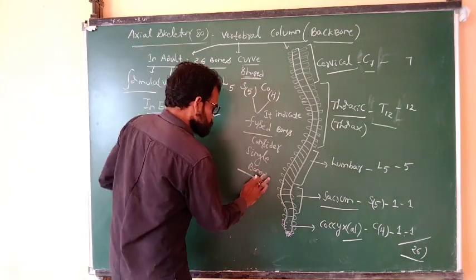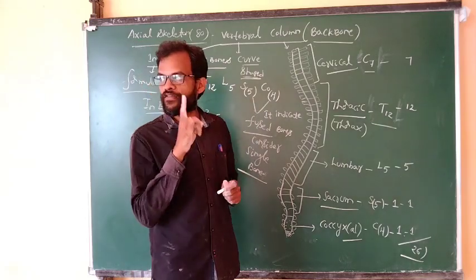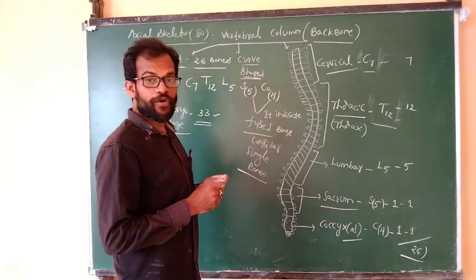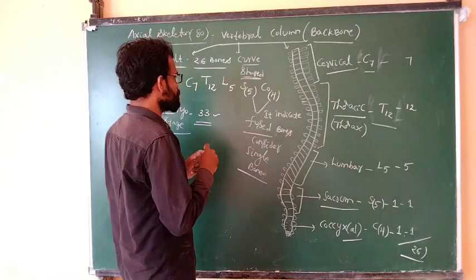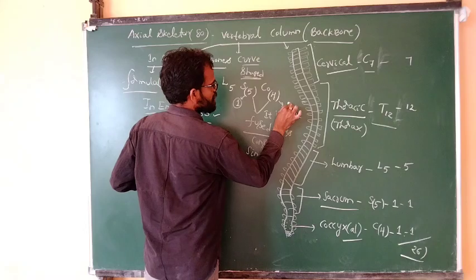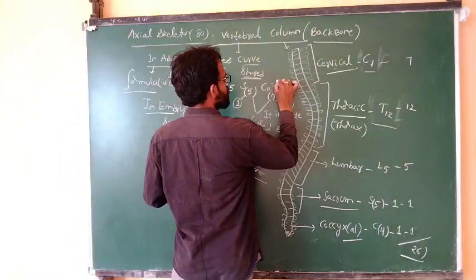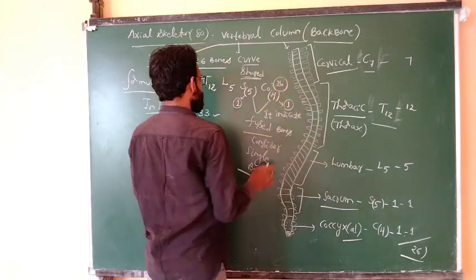Here 5 bones are present, but all 5 are fused, and the coxal bones are 4 but fused into only 1 bone. The total is 26 bones.